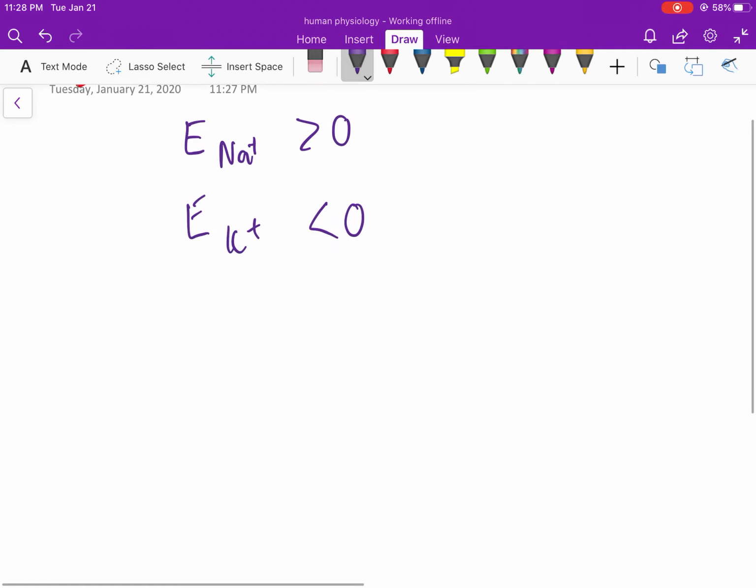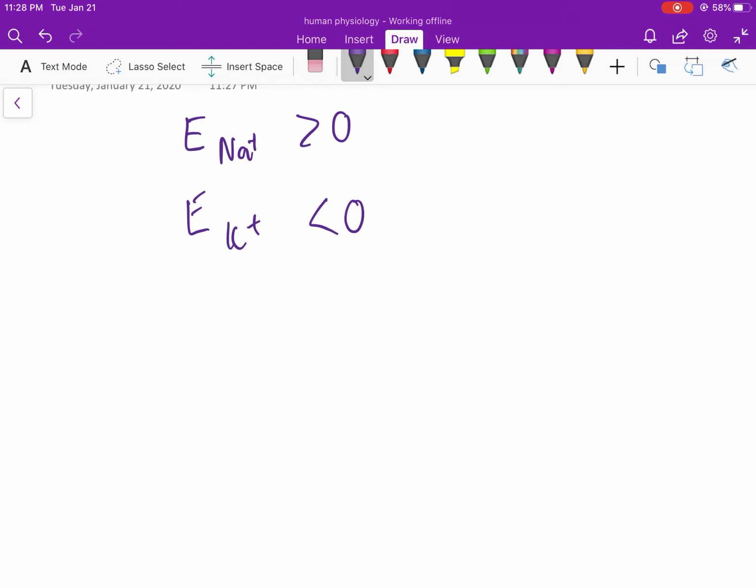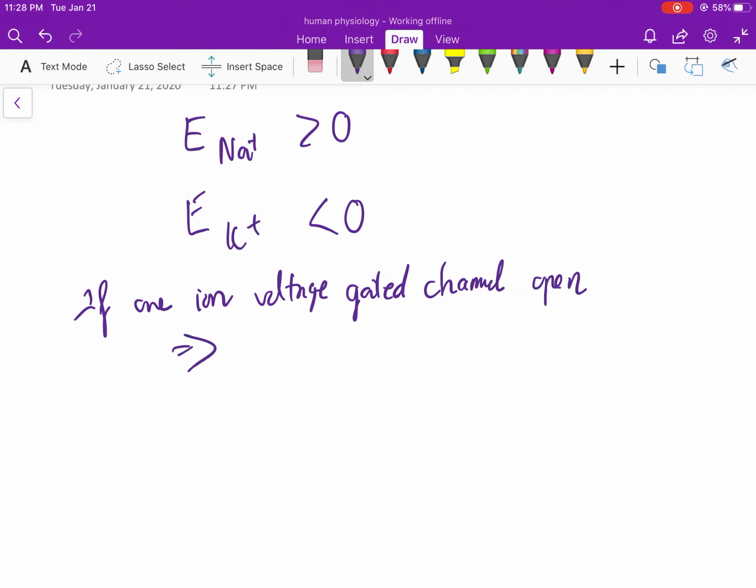And also one idea that we want to remember is that if one ion's voltage gated channel opens, then the membrane potential gets closer to the voltage number of that ion.